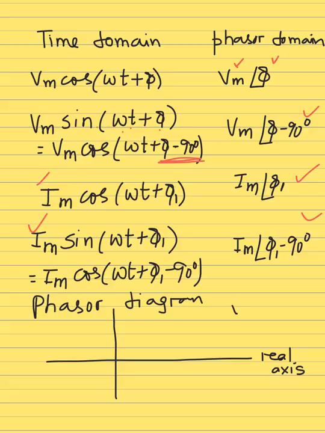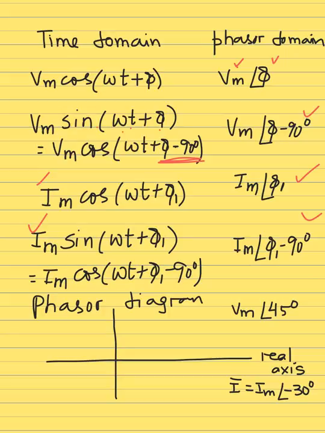Let's say you have two phasors. One is Vm to an angle of phi, and let's say that is 45 degrees. And you have another phasor, let's say I equals Im, any value, to an angle of negative 30 degrees. Now I'll show you how to place that on this phasor diagram.